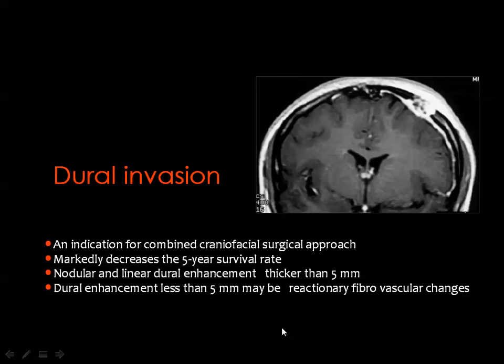If there is dural enhancement of less than 5 millimeters thickness, this may not represent a dural invasion, but maybe a reaction to the contact of the tumor with the dura.